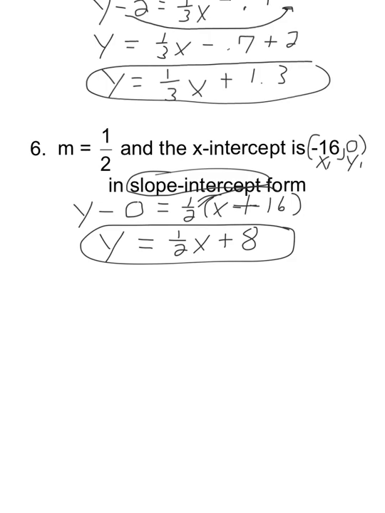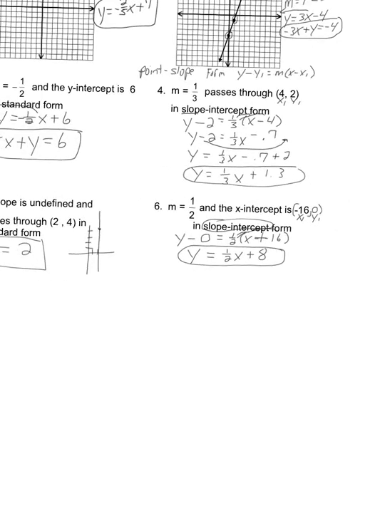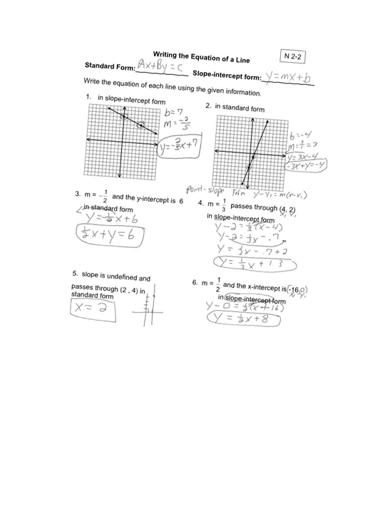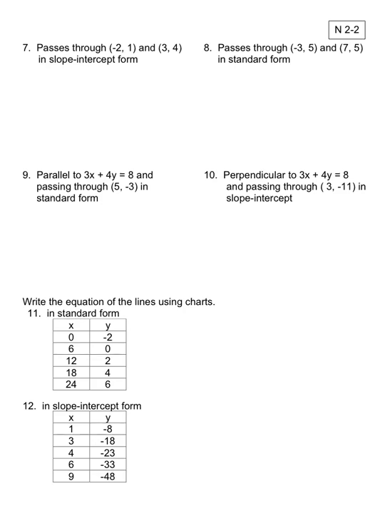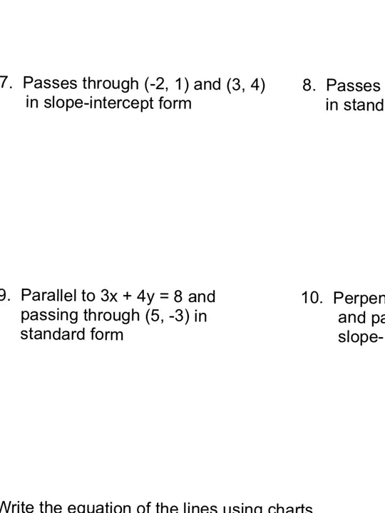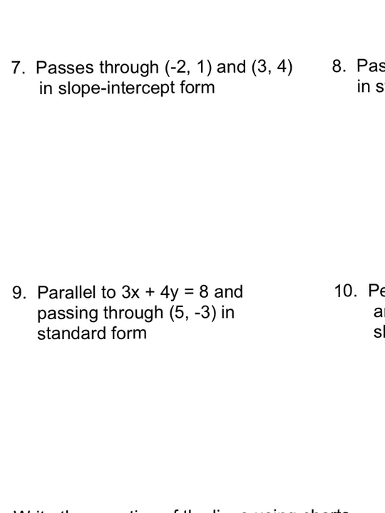Okay, moving on to number 7. Number 7 is wanting an equation passing through these 2 points in slope-intercept form. So in order to be able to write an equation, I must have a point and a slope, then I can use my point-slope formula, or I could have a point and a y-intercept.